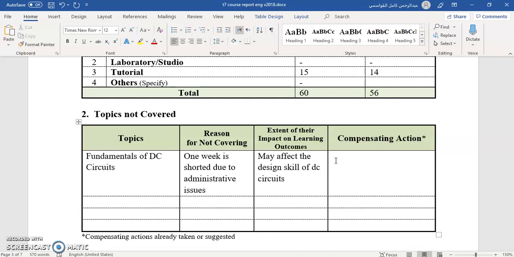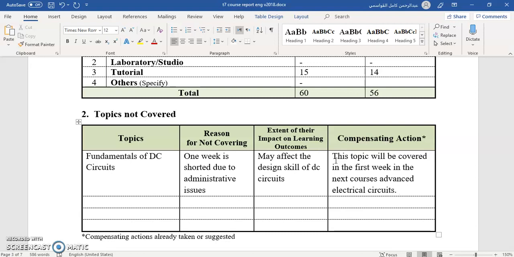You say, for example, this topic will be covered in the first week of the next course, for example, advanced electrical circuits. Now, why should you write a compensating action?